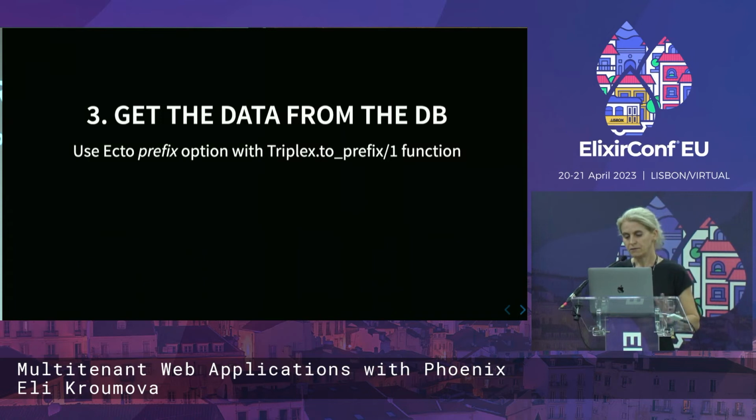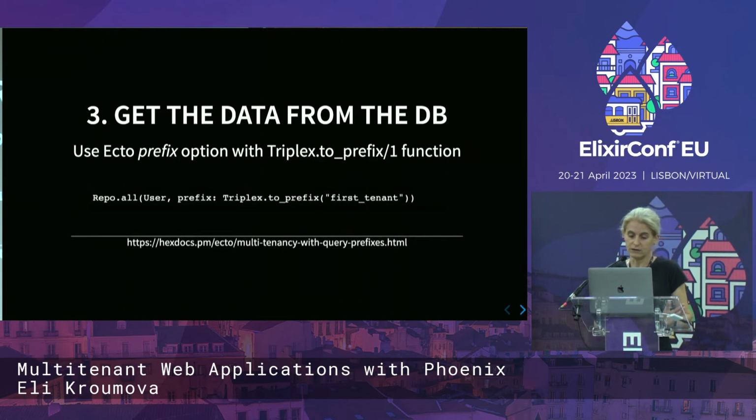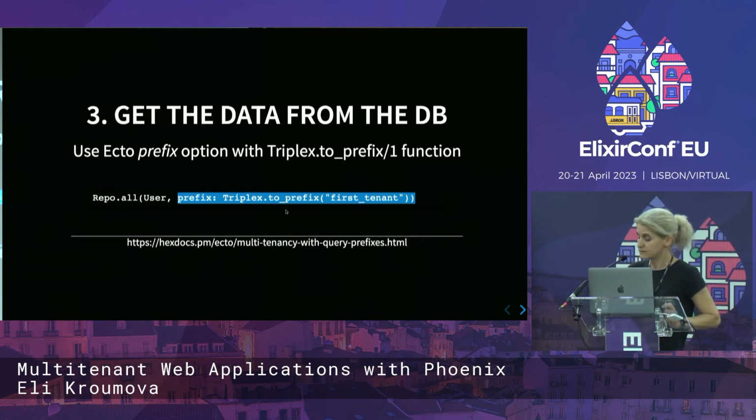And finally, we have to get the data from the database for the tenant that we have already got from the request. For this, Ecto already has all that we need. You just have to add the prefix option to all the requests that you make to the database. In this case, we have to use the Triplex to_prefix function because when you configure the Triplex library, you have to provide a prefix for all of the tenants that will be created.